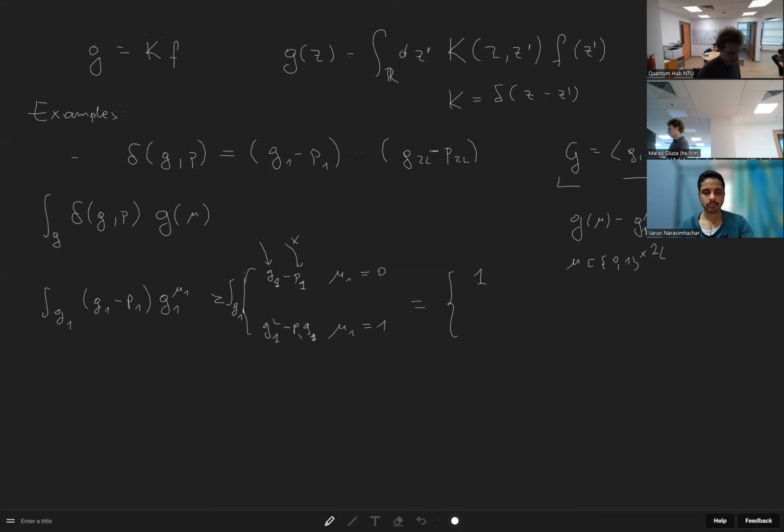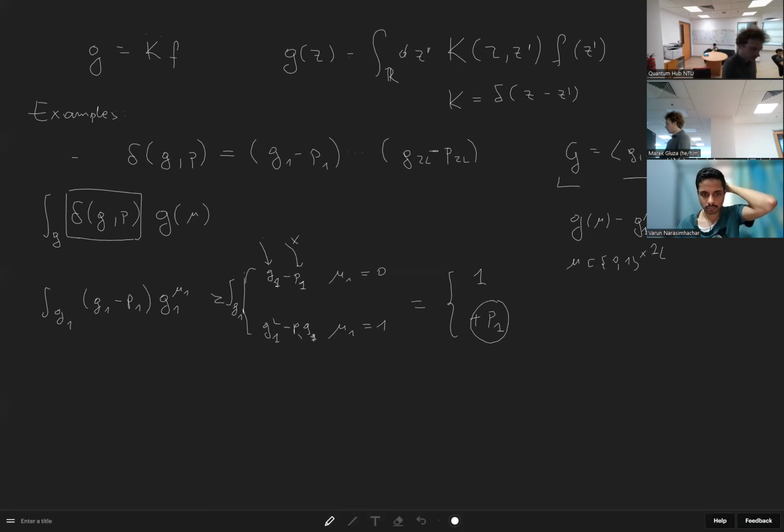And in the other case, I will get minus P1, but I need to exchange those two, so I will get a plus P1. Basically the idea is that this is behaving like a Kronecker delta. If it is not behaving like a Kronecker delta, then you would need to change it a little bit, but that's just to give one idea that we can take something that depends on G and P and then take functions of Grassmann numbers and get a new expression in P.